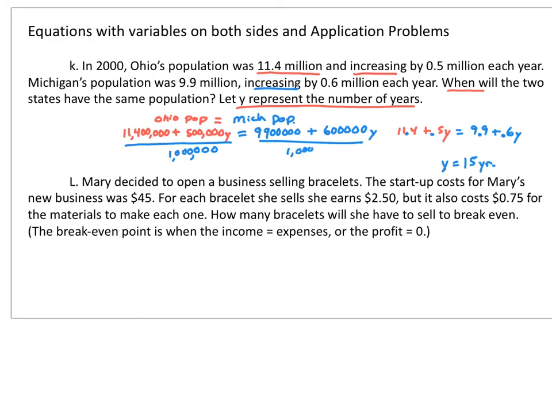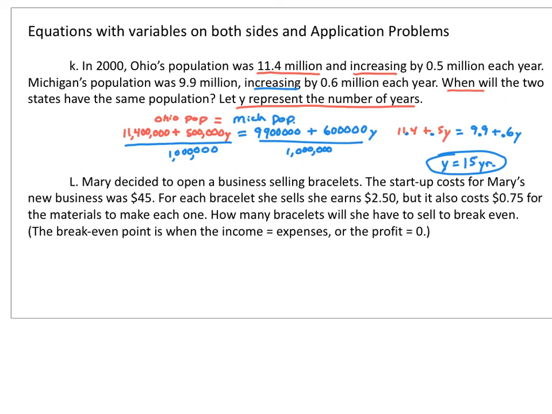Am I in fact doing something that is algebraically allowed? I think so. We have the division property of equality. As long as I'm dividing the whole side on both sides by 1,000,000, that should work. And I should, in fact, get the same answer. So hopefully, no matter which way you did this, you ended up with 15 years. Hopefully I didn't make some silly error, but check my work there.